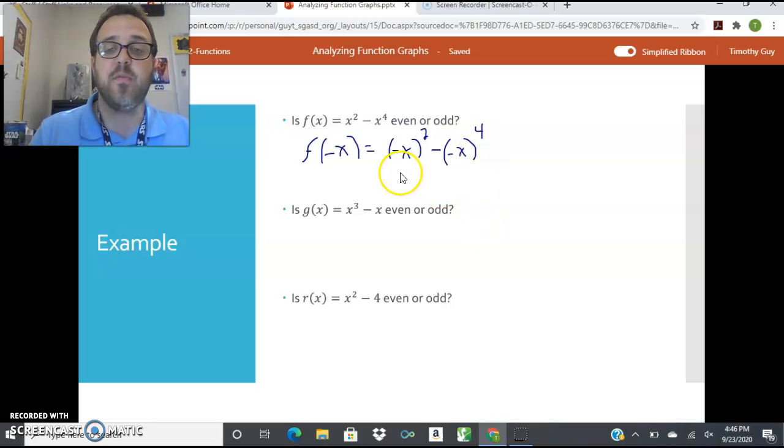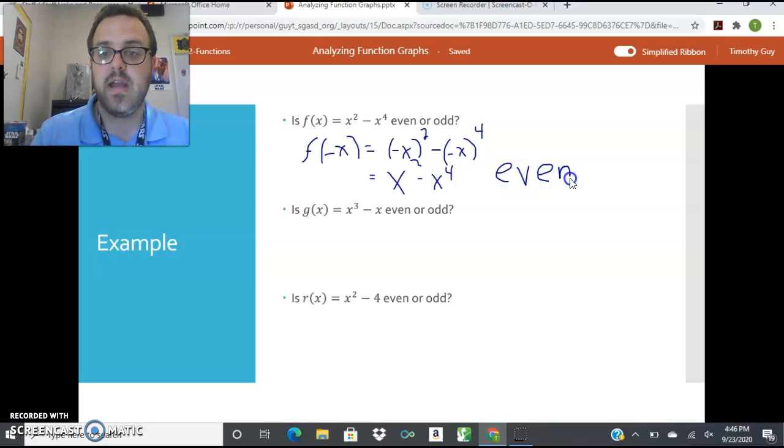When I square or take something to an even power, it's going to stay positive. So negative x squared is the same thing as x squared. I can rewrite this as x squared minus x to the fourth, which is the same equation that I started with. So this would in fact be an even function. I put in negative x, I got the same function back out.